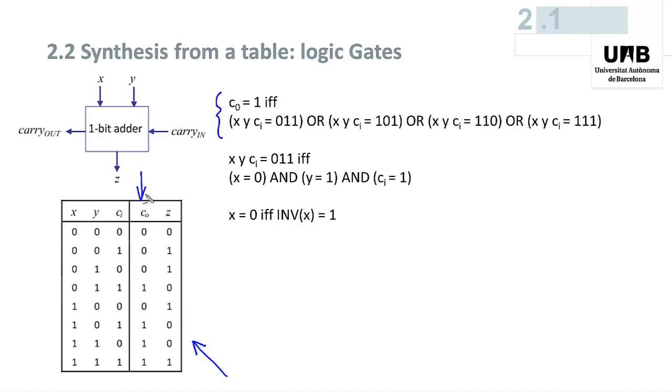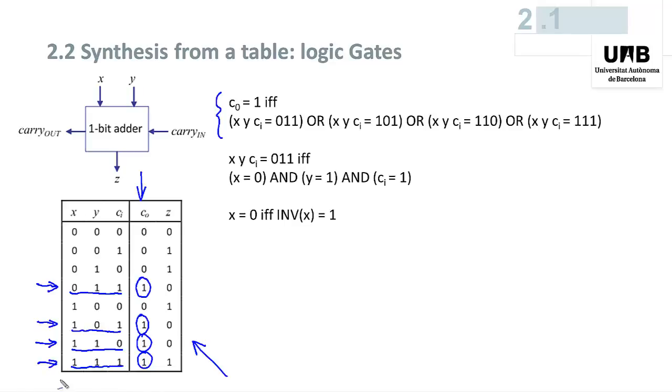Then we could say that C0 is equal to 1 if and only if X, Y, Ci is equal to 0, 1, 1, or if X, Y, Ci is equal to 1, 0, 1, or if X, Y, Ci is equal to 1, 1, 0, or if X, Y, Ci is equal to 1, 1, 1.